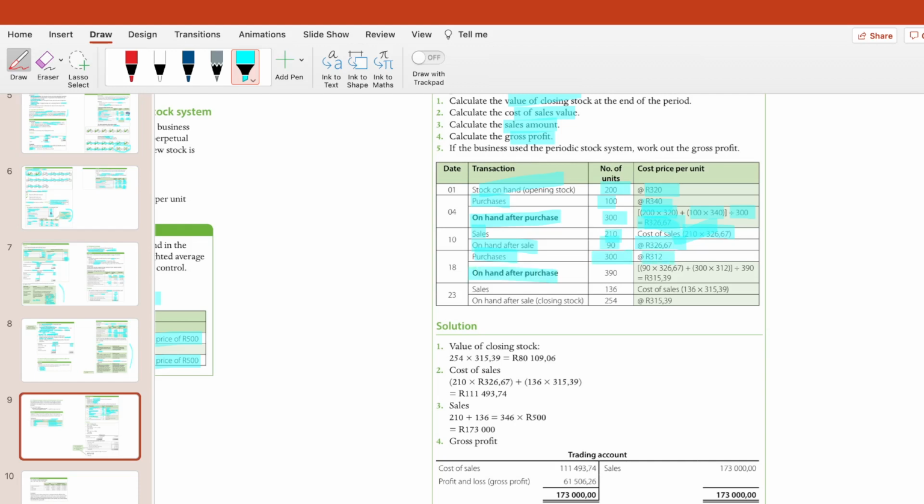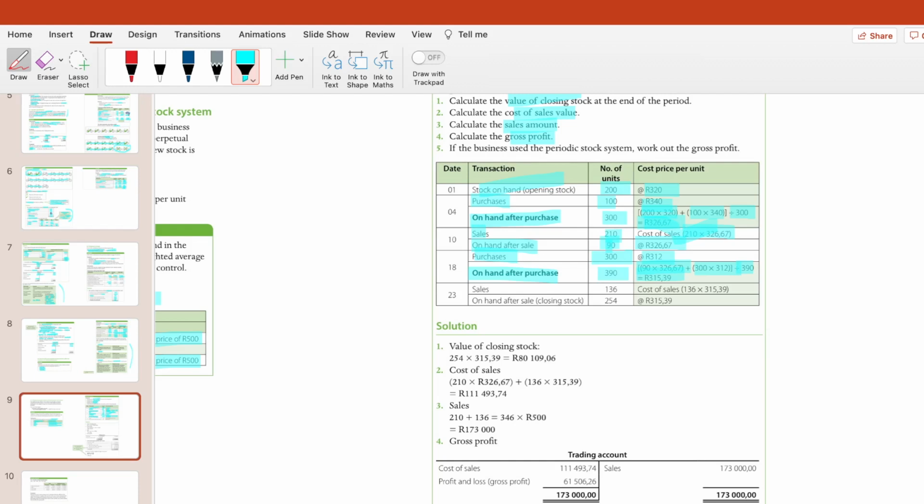That is 90 plus 300 is 390. We have to work out the units on the 90 times 326 rand and 67 cents plus the 300 at 312 rand, and then we divide it by 319, and the new average is then 315 rand 39.